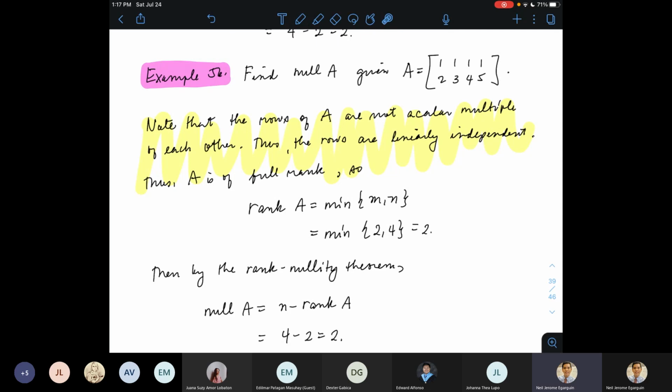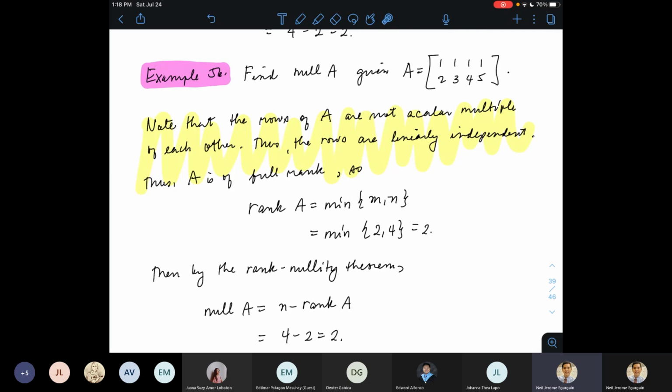Or I think the easier way to interpret this is that we have 2 linearly independent rows, so the dimension of the span of the rows is equal to 2, because 1, 1, 1, 1 and 2, 3, 4, 5 will serve as a basis for the span of the rows of A.